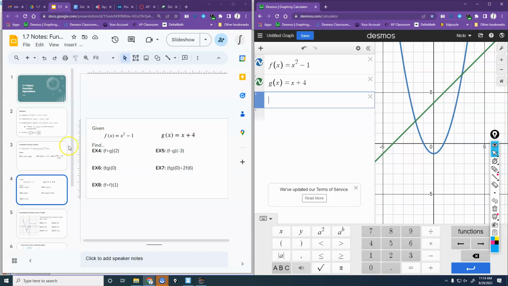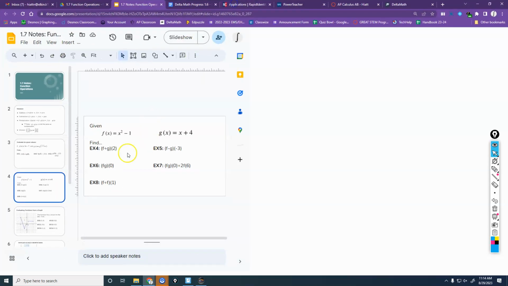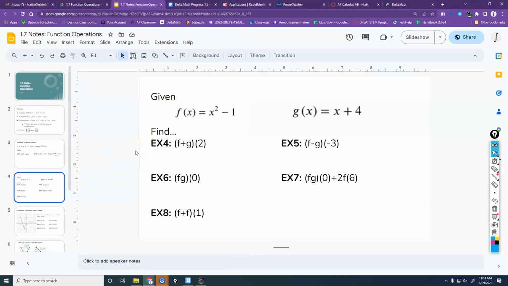So if you type your two equations in like this, and I want to find f plus g of 2, I do have to show you one thing. It won't let you do it this way. F plus g of 2 is different notation than Desmos will accept.